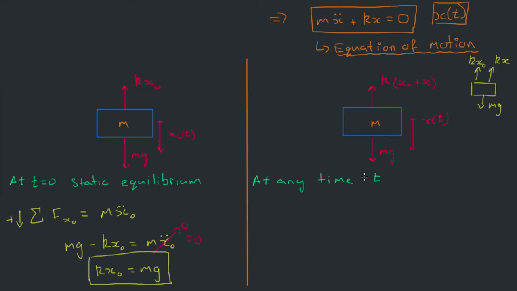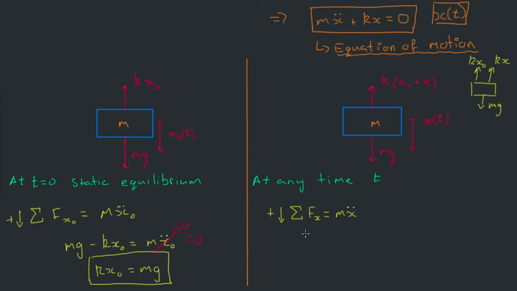Okay, so similarly, what we do is we just do our sum of forces again. Positive down, and then this is just in the x direction, is equal to m x double dot. Now, because this is t at any time, we can't assume that we're in static equilibrium. We can't assume that the mass is stationary. So this is going to be a real number.